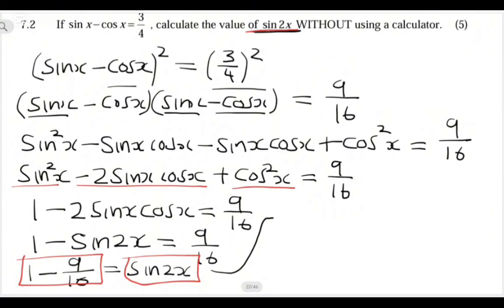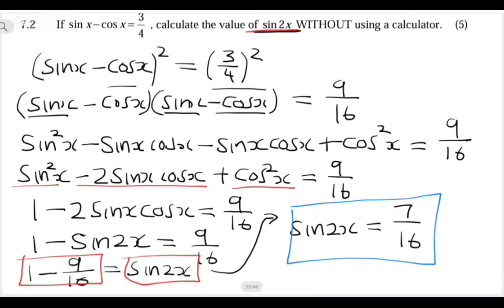So I'm going to finish it here. If you punch this in a calculator, it's going to give you 7 over 16. So this is the value of sine 2x that we have found without the use of a calculator. Let's move on to the next question.